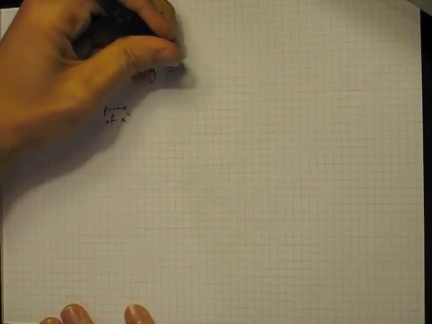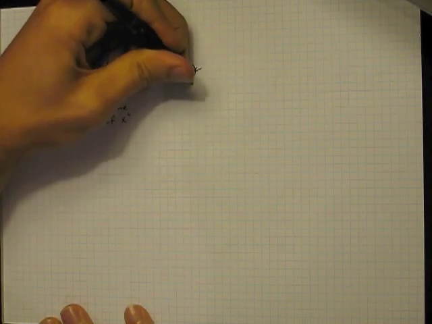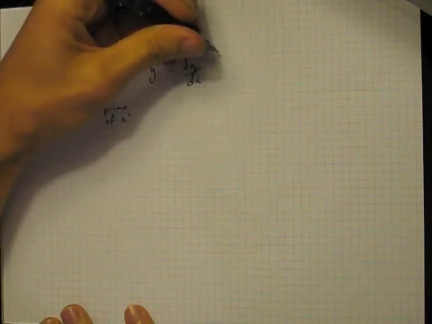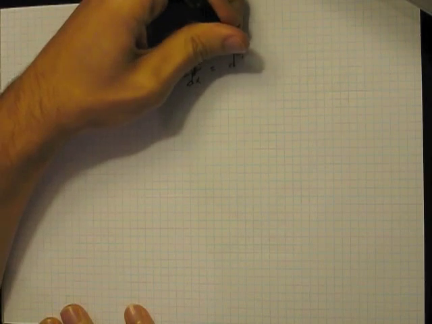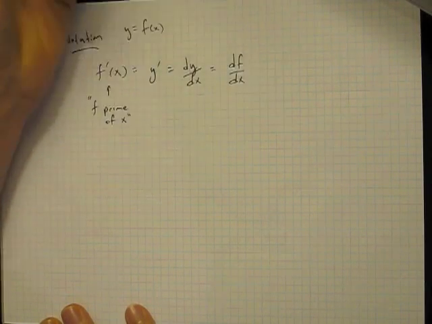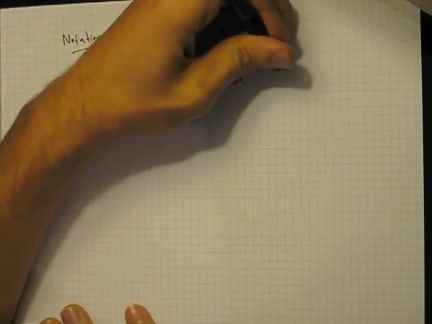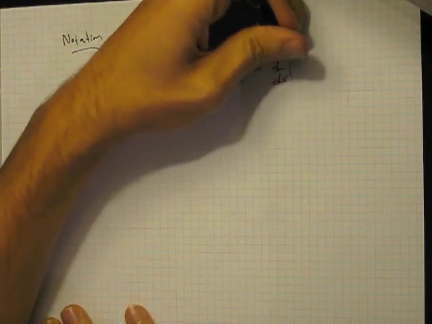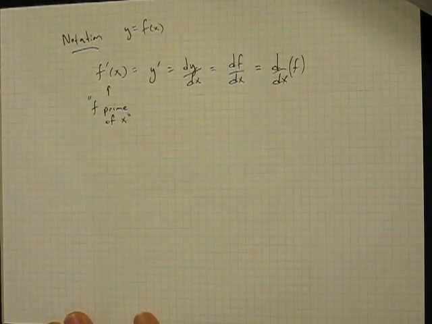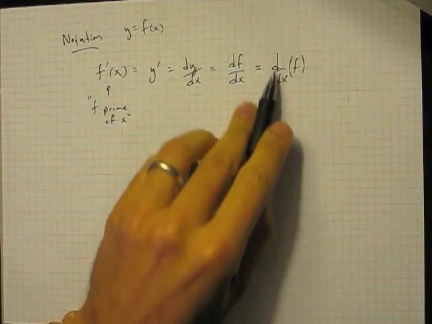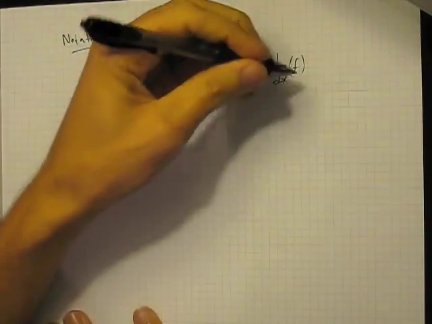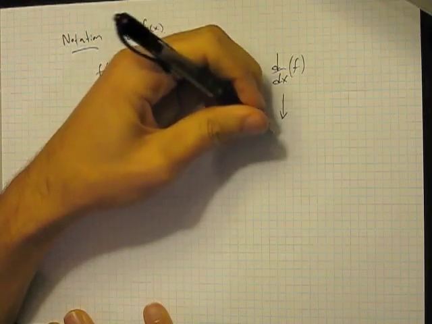Or you might see the expression dy dx, you might see the expression df dx, you might even see something that looks like this: f in parentheses with a d over dx next to it. What this means is take a derivative.